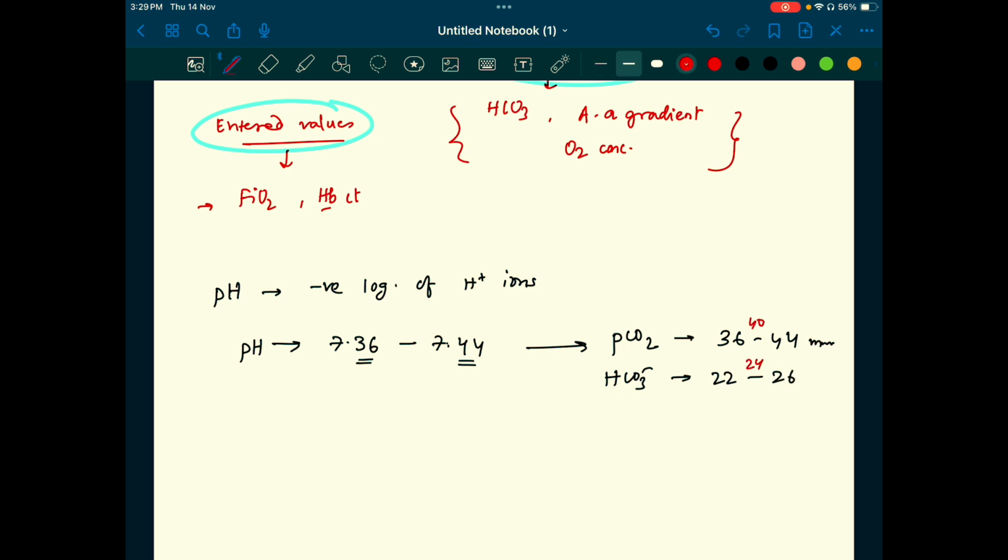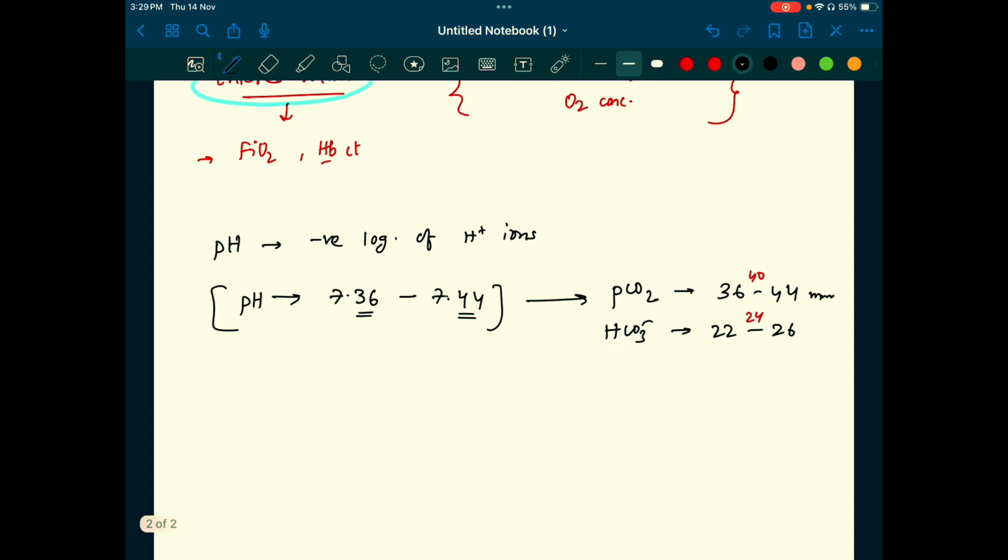All right. So coming back to pH. So pH is nothing but the negative logarithm. So the normal pH is 7.36 to 7.44. Now remember we have a formula, which is H plus equals 24 times PCO2 divided by bicarbonate.